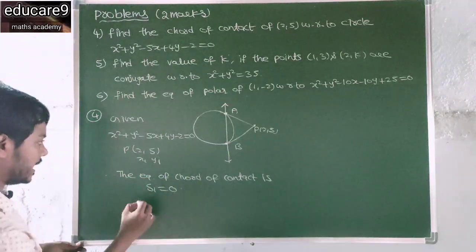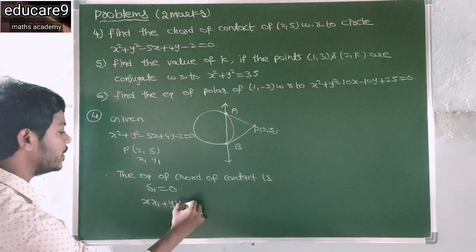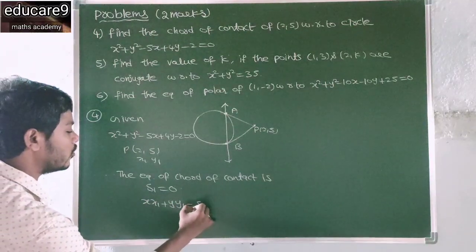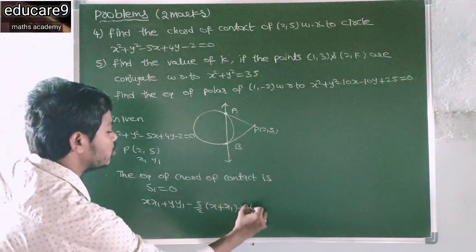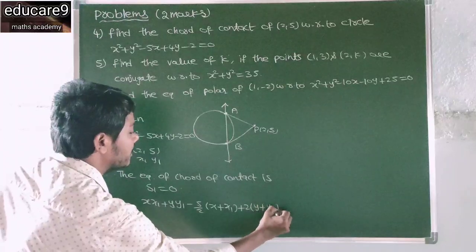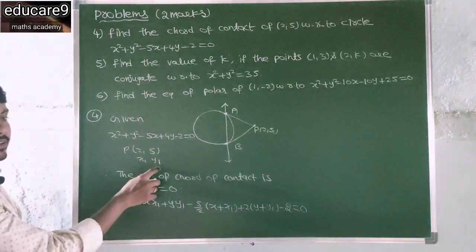So S1 means x1 plus y1 minus 5 by 2 times of x plus x1, plus 2 times of y plus y1, minus 2 is equals to 0. So substitute the x1, y1 point in this.